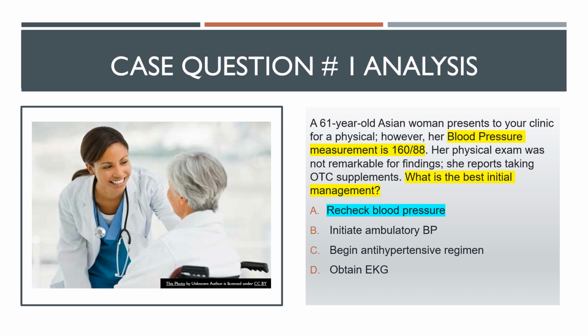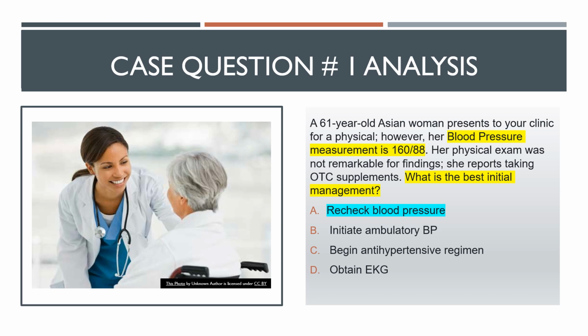Case question number 1, analysis. Important concepts to note regarding the question include the patient specifics, such as a 61-year-old woman, blood pressure measurement that's elevated, 160/88, physical exam that's unremarkable, and the question, what is the best initial management?